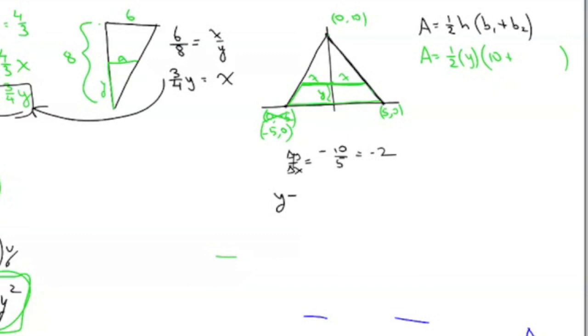That gives you the negative 2. Then you have to use one of the coordinates. You either use 5, 0 or 0, 10. I'd use 10 because it's a y-intercept. So y minus 10 equals negative 2 times x minus 0, but it basically is just negative 2x. Move the 10 across and you get y equals negative 2x plus 10.